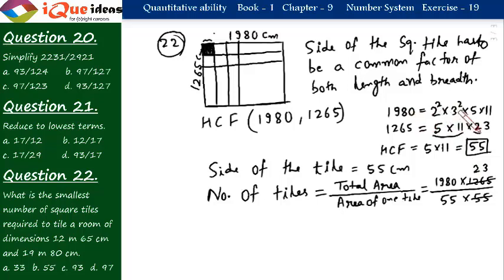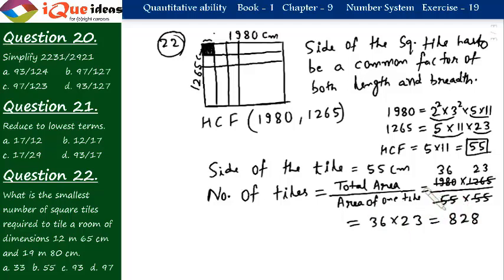If you divide 1265 by 55, you will get 23. And when 1980 gets divided by 55, you will get 4 into 9, that is 36. That means the number of square tiles required would be 36 into 23.